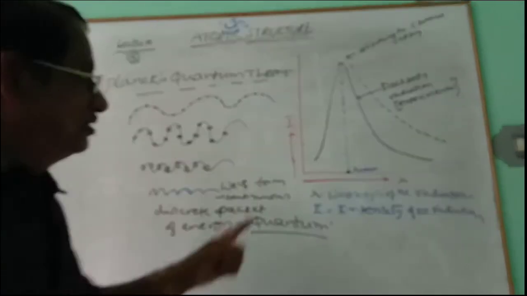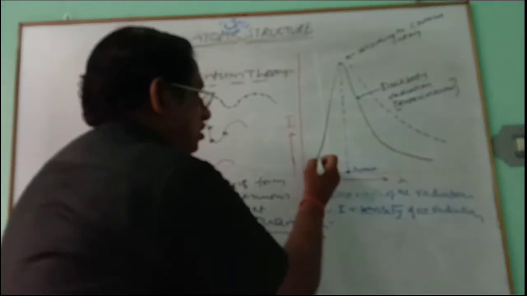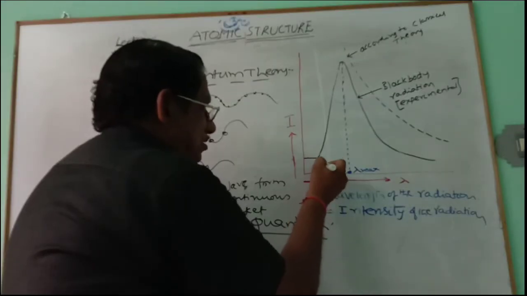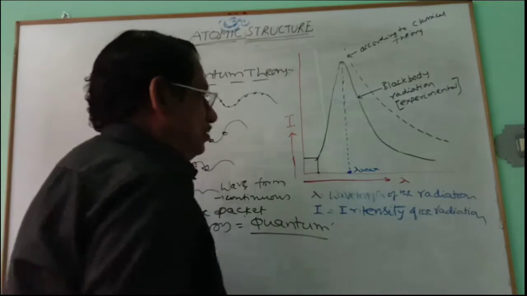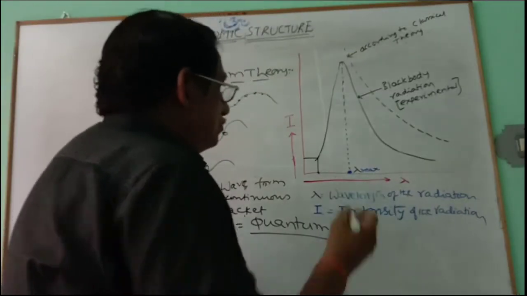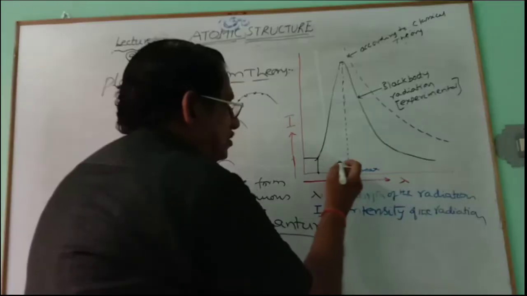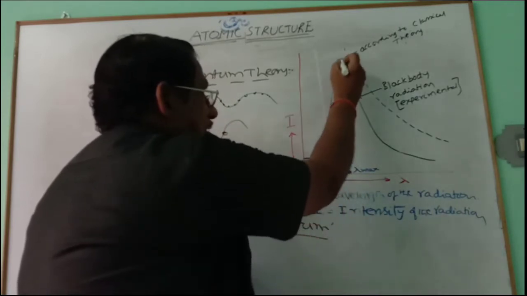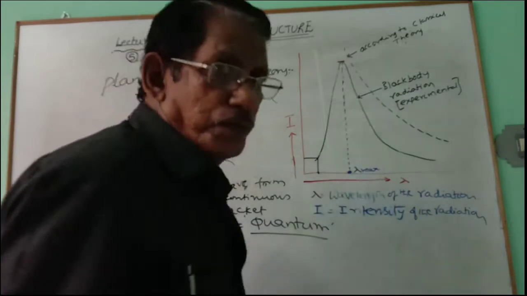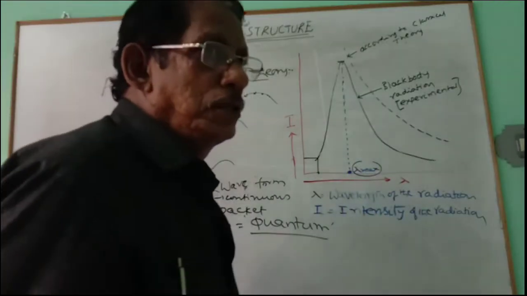And here, in this case, this is the intensity and this is the wavelength. This much wavelength will have this number of waves. Similarly, as the wavelength is increased here, the intensity is also increased. It is reaching a maximum value. That means this is the lambda maximum.